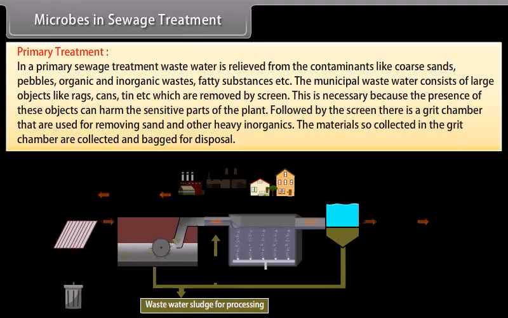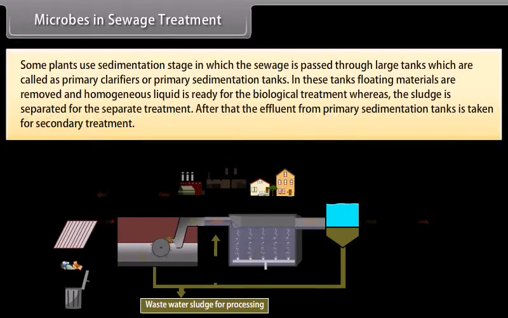Followed by the screen, there is a grit chamber that is used for removing sand and other heavy inorganics. The materials so collected in the grit chamber are bagged for disposal. Some plants use a sedimentation stage in which the sewage is passed through large tanks called primary clarifiers or primary sedimentation tanks.